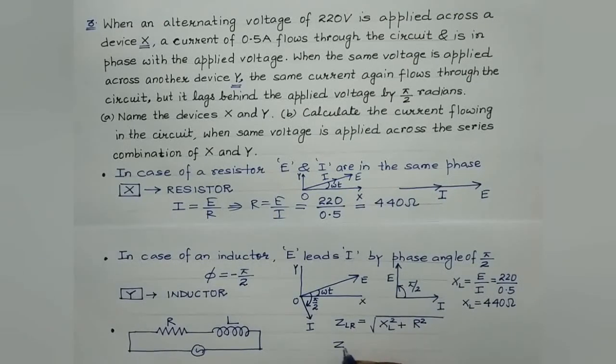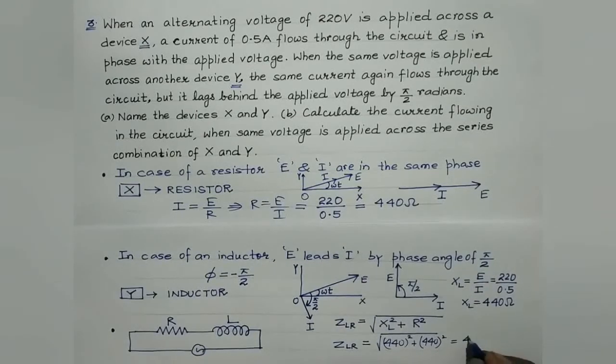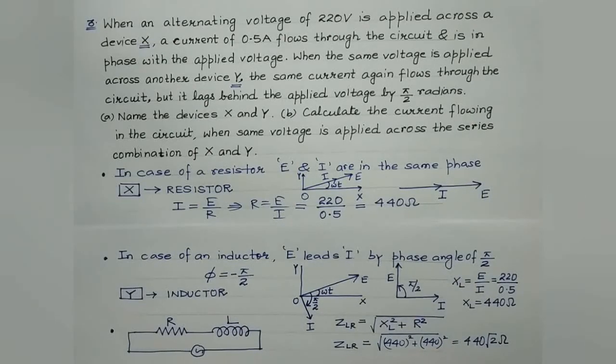So what you get is ZLR, which would be equal to the square root of 440 square plus 440 square. So obviously that will give us 440 root 2 ohm. This is the net impedance offered by the LR circuit, right?